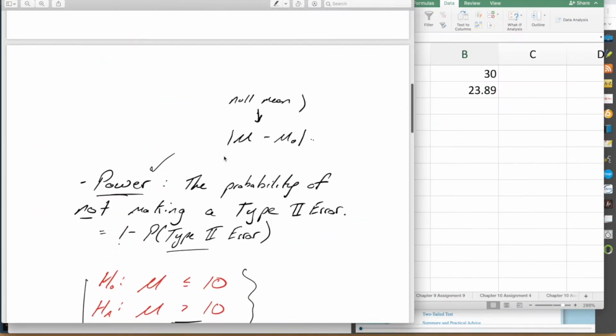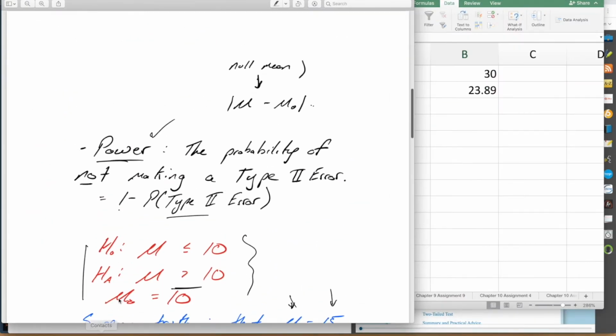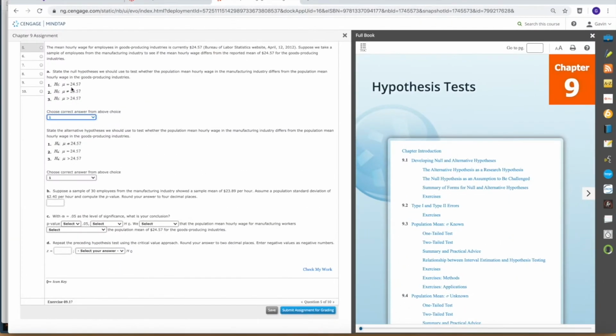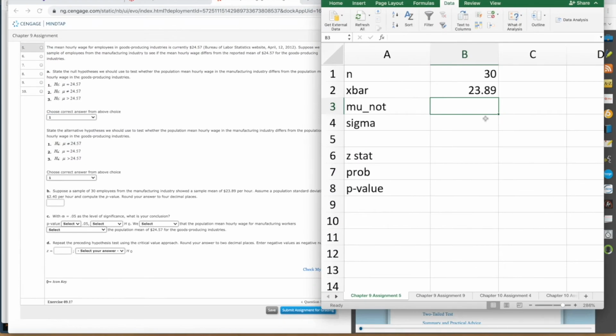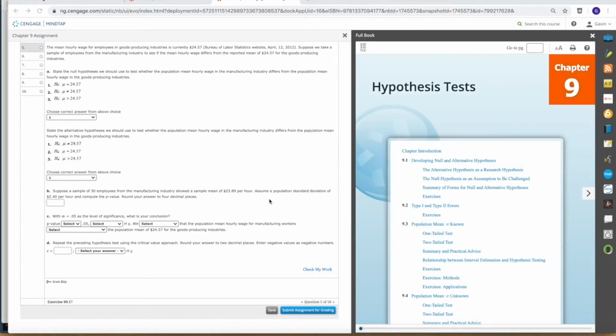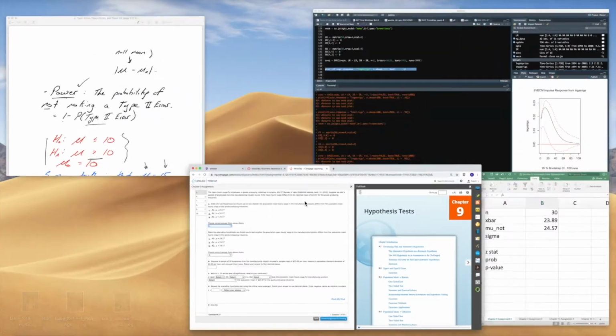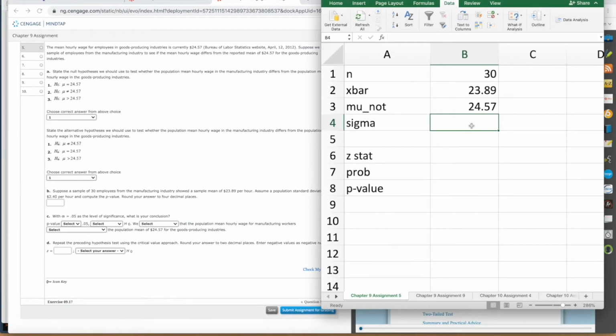It's the number that divides between the two hypotheses. Well, in this one, it's 24.57. Sigma, they tell us assume a population standard deviation of $2.4, so 2.4.